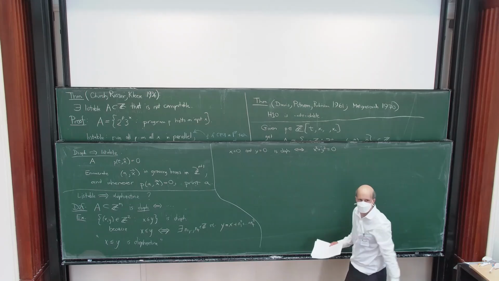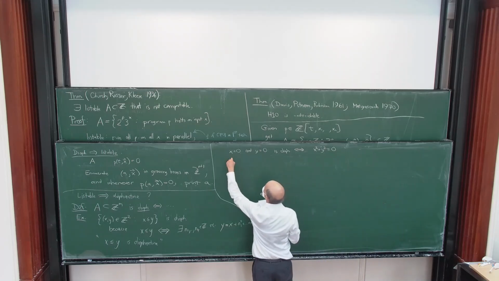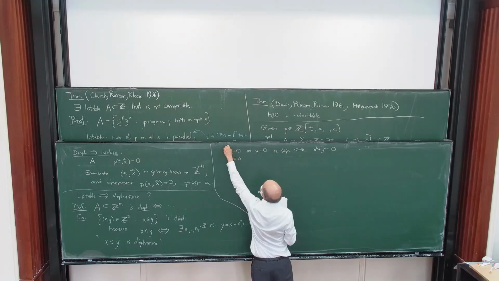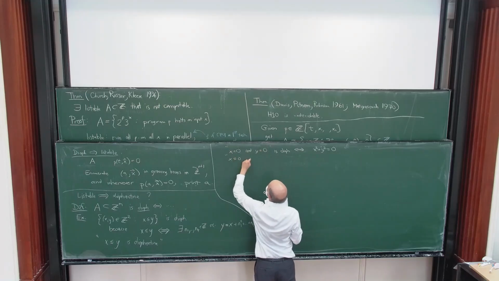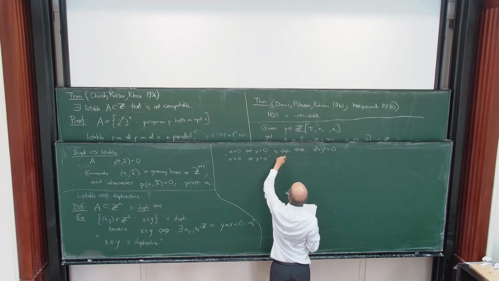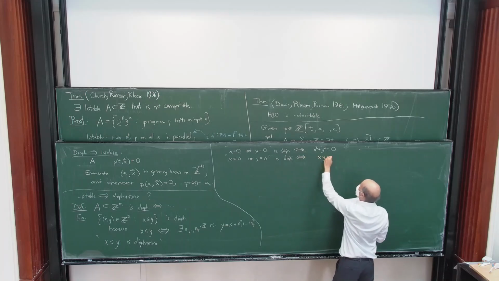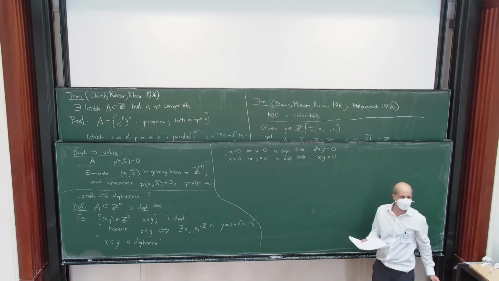For integers, that's true. And you can also do "or". So this is Diophantine, and that's y is this. Well, that's even easier.